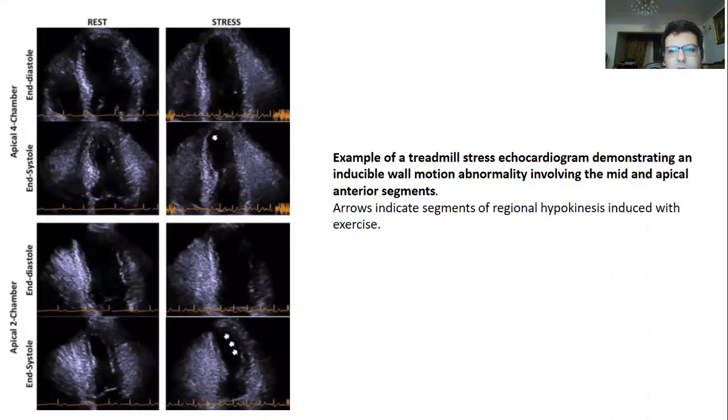An example of treadmill stress echo demonstrating an inducible wall motion abnormality involving the mid and apical anterior segments. We can appreciate here the rest end-systole, and this is the end-systole in the apical four-chamber view at rest, and this is the end-systole here, but with stress.